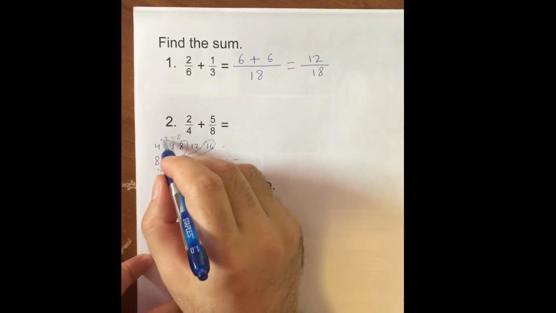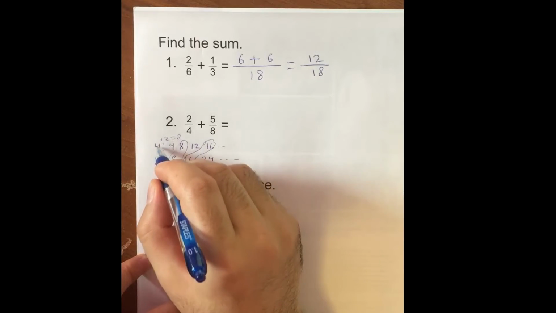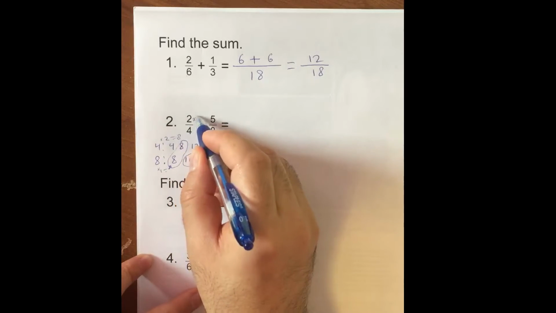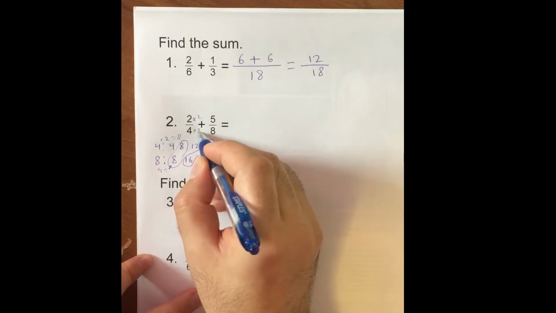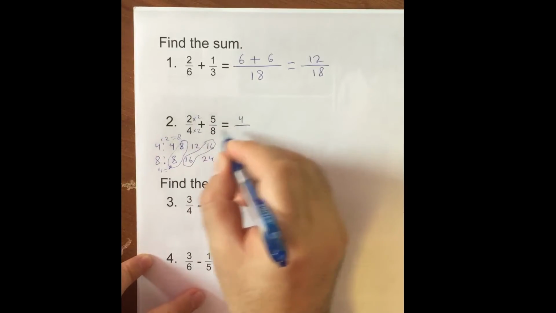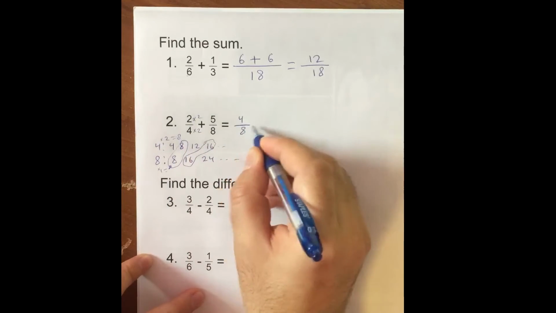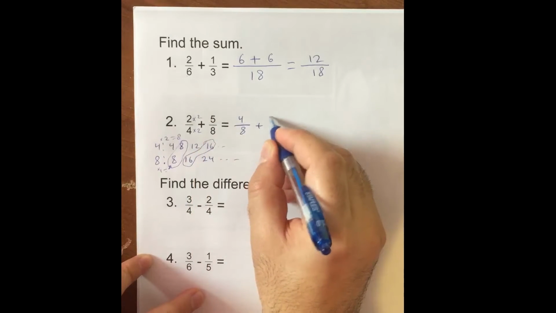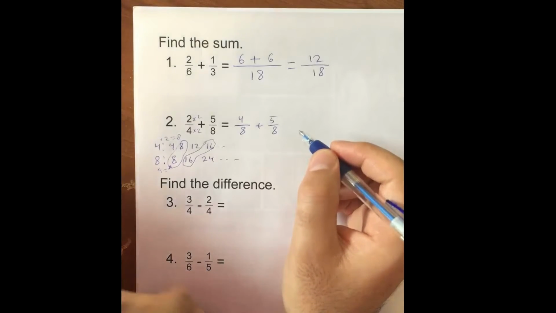Okay, so what you do is now, because you multiply 4 times 2 to give us 8, the same thing you do, you multiply this times 2, the numerator and the denominator. So 2 times 2 is 4, 2 times 4 is 8, you write the plus sign as is, and then 5 over 8.